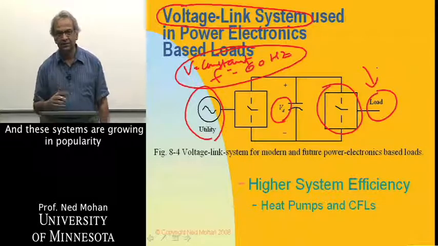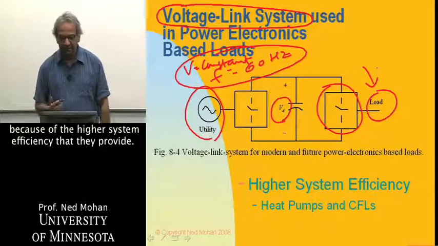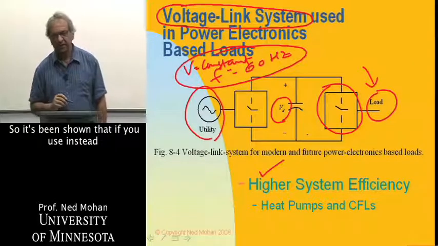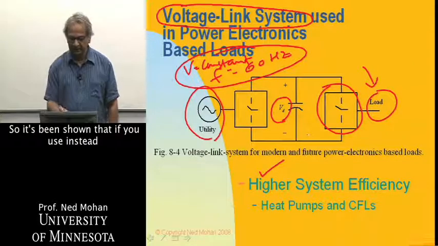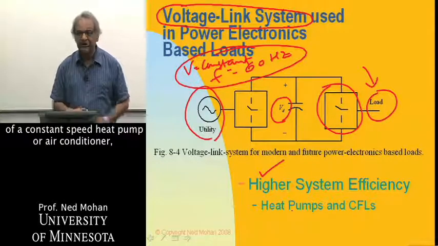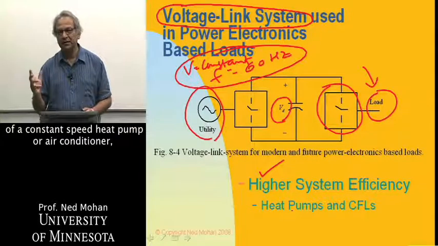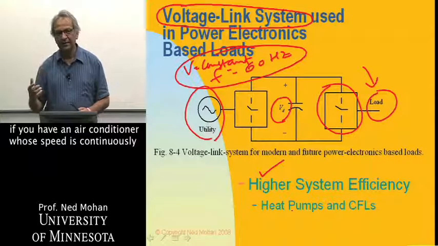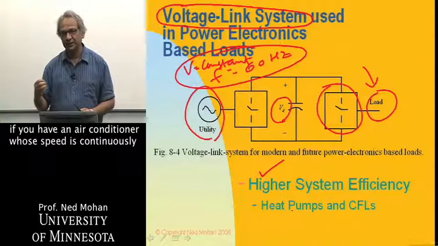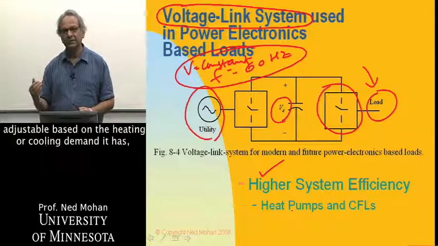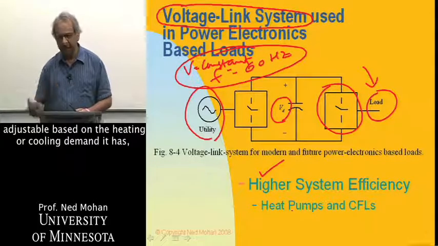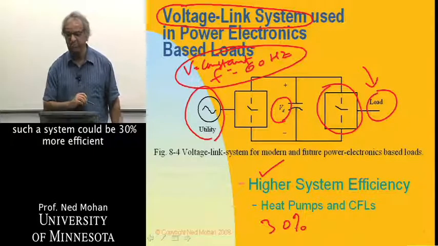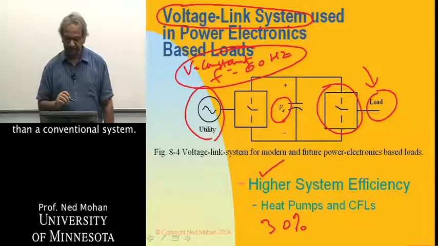And these systems are growing in popularity because of the higher system efficiency that they provide. Okay, so it has been shown that if you use, instead of a constant speed heat pump or air conditioner, an air conditioner whose speed is continuously adjustable based on the heating or cooling demand it has, such a system could be 30% more efficient than a conventional system.